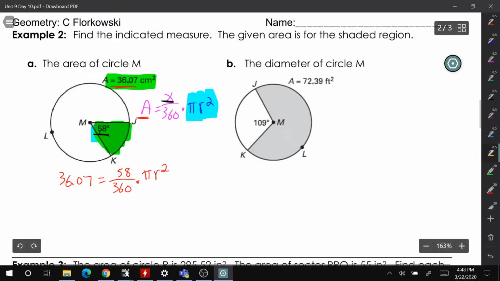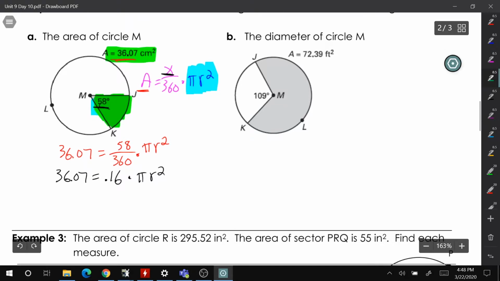I'm going to divide 58 by 360, and we get 0.16. So 36.07 equals 0.16 times pi r squared. And then we can divide both sides by 0.16.